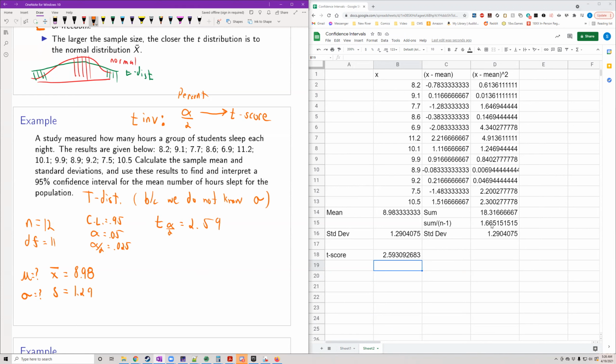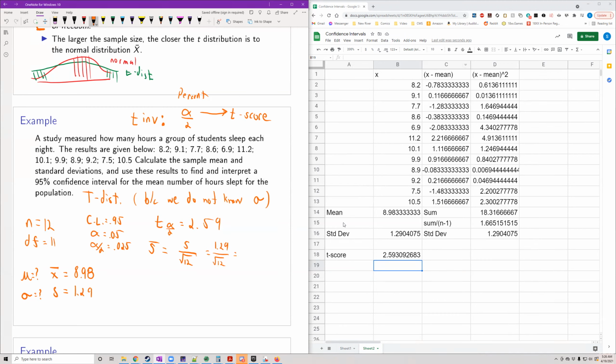We'll also need to find our sample standard deviation for the distribution, which is the same deal. We need to take the original standard deviation and divide by the square root of the sample size. That part hasn't changed. So we'll need to take this, the 1.29, divide by root 12.